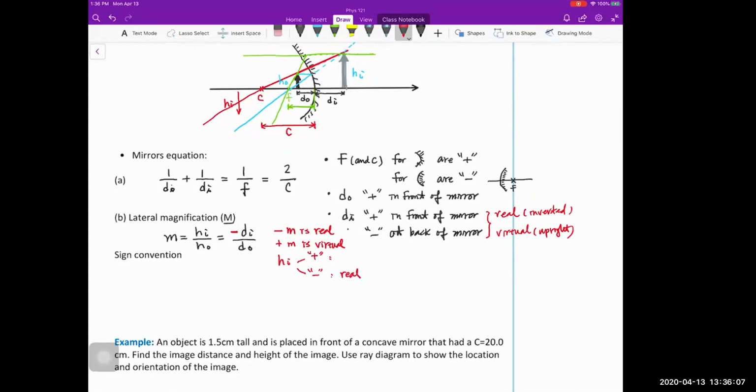If it's positive, it's virtual. Positive means upright. The one I just showed you is inverted, so with a height like this, that is what we call the real image. The blue one is upright, that's a positive h, so that is going to be a virtual image.